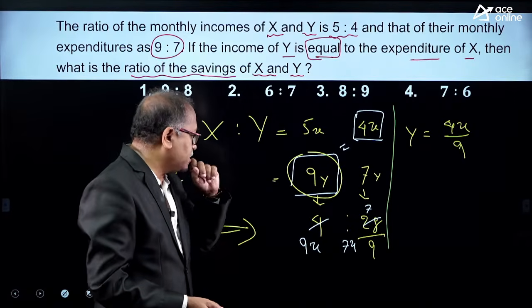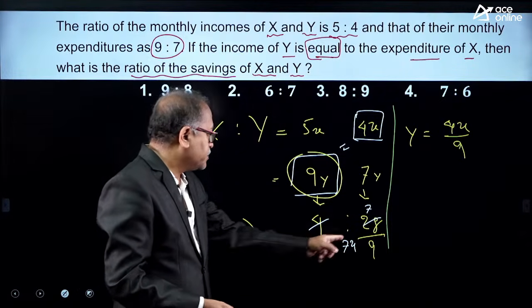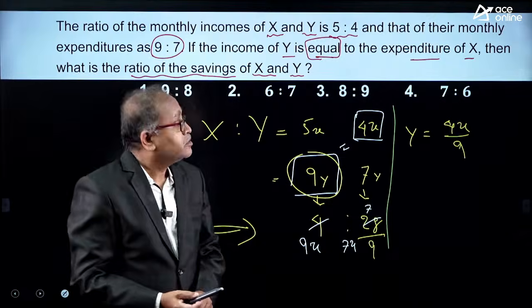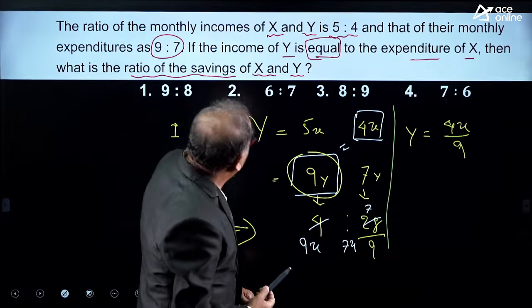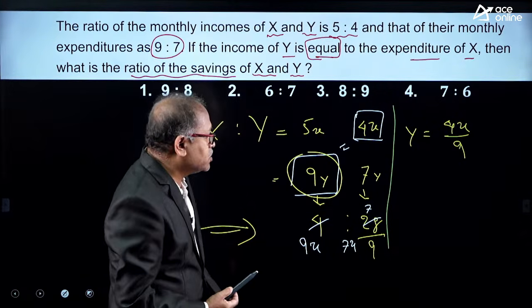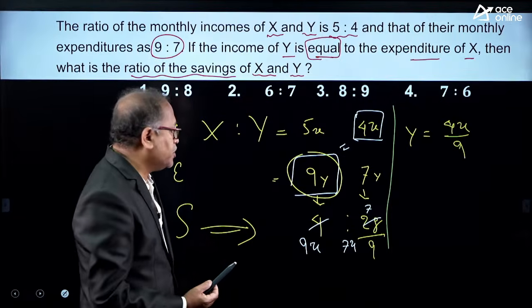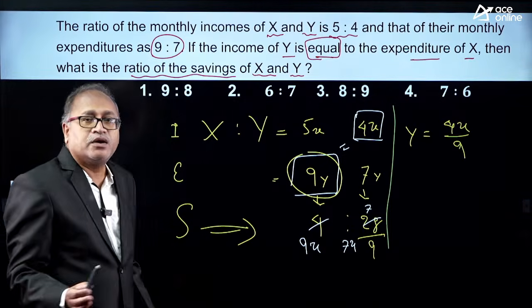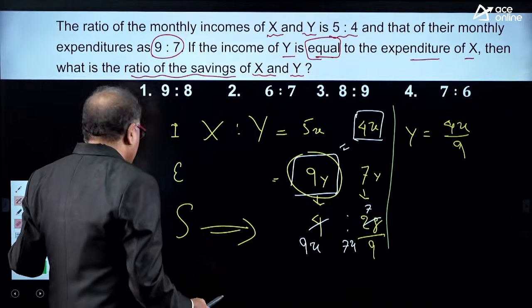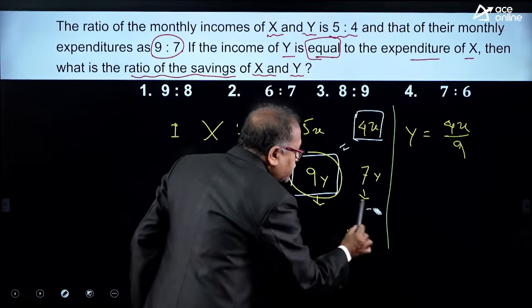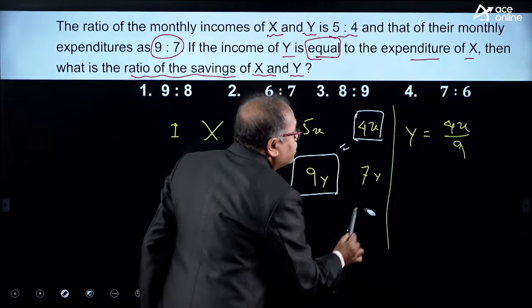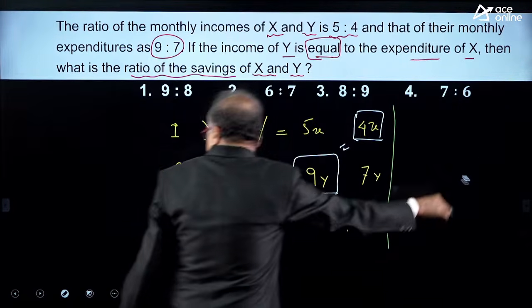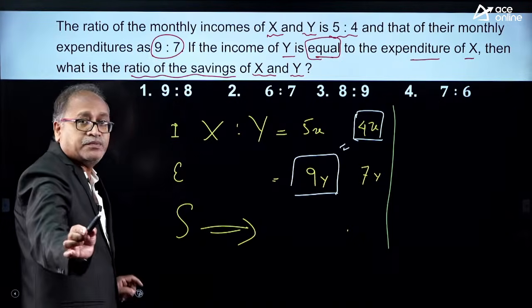So this expenditure is 9x and 7x. So I didn't notice that what we are supposed to get we are getting here. So somewhere probably I might have gone wrong. Instead of keep striking on the same one, let me check this one once again.